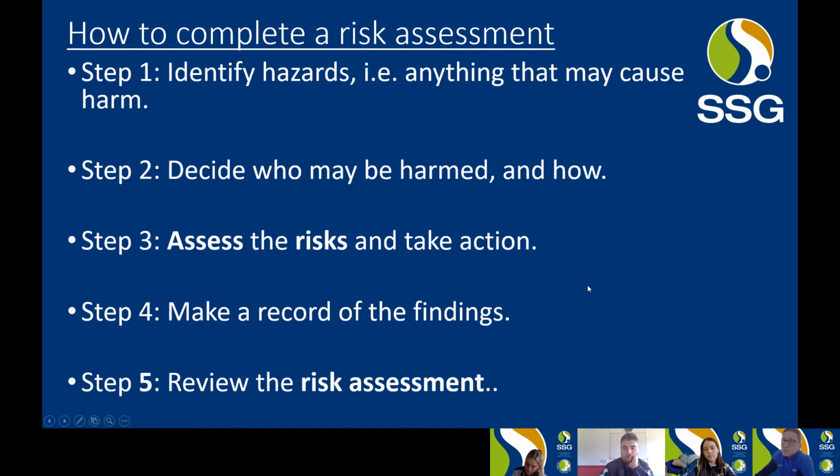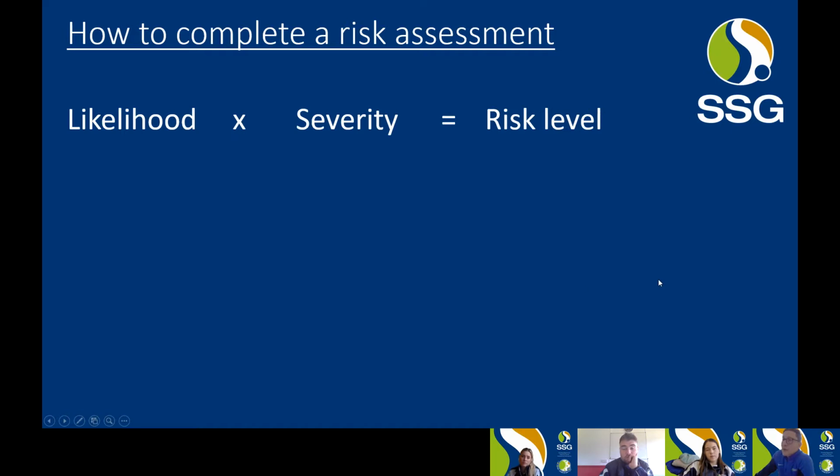Okay, any questions? Cool. So I've mentioned a couple of words already about the likelihood. There is an equation that we would use in our forms. It doesn't have to be used externally, a judgment, but in order to help you make a judgment about what is a low risk and what is a high risk, we put in a really simple kind of equation.